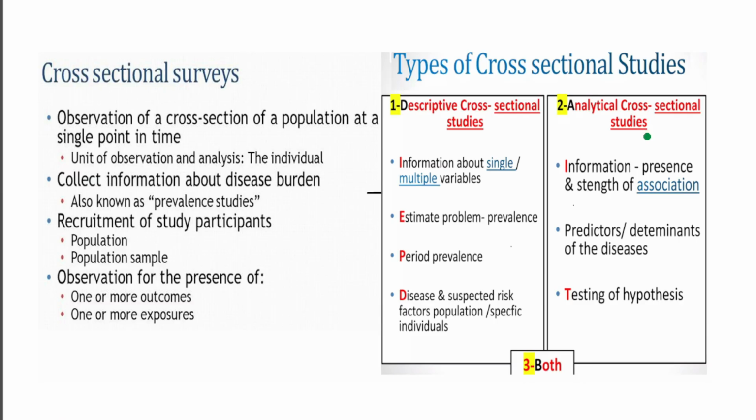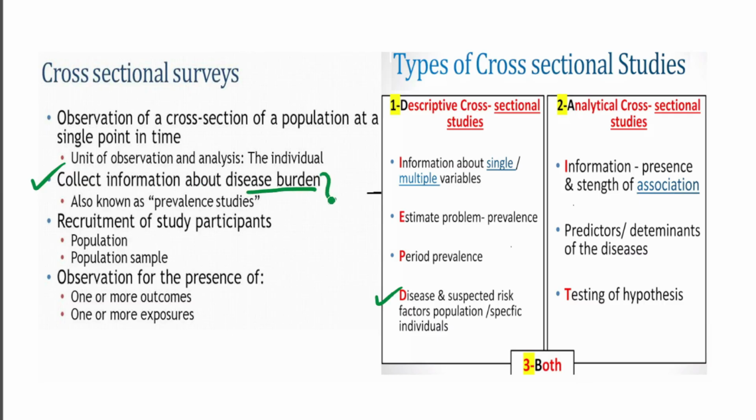They have asked which one of the following was useful to measure the magnitude of a disease or a burden of a disease or a risk factor. Now you see there is a risk factor written over here. Disease and suspected risk factors in the population or specific individuals can be seen in the descriptive type of cross-sectional studies. And in the overview of the cross-sectional studies or cross-sectional surveys, they collect the information about the disease burden.